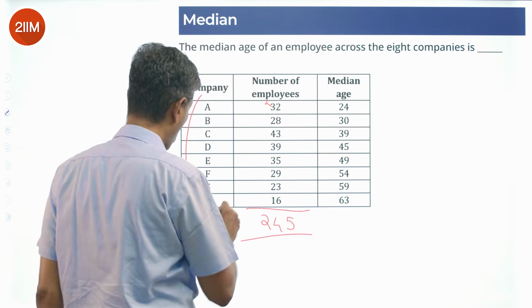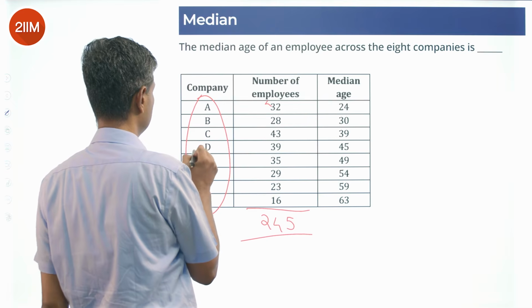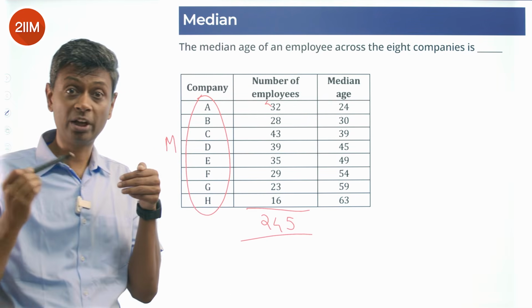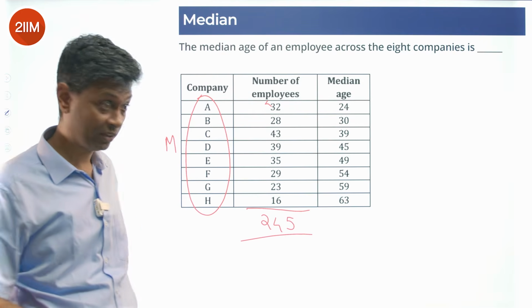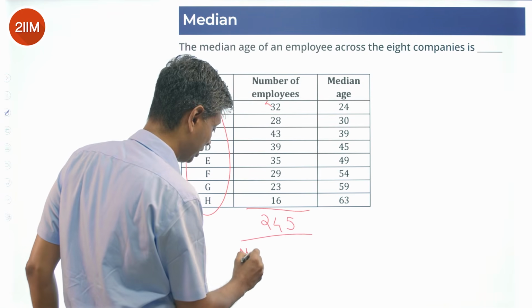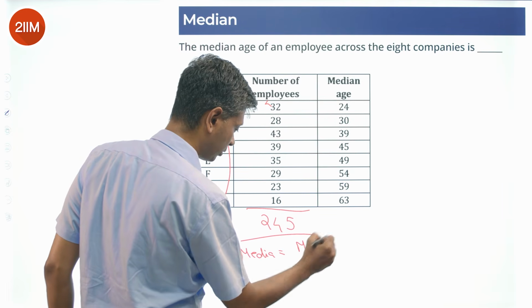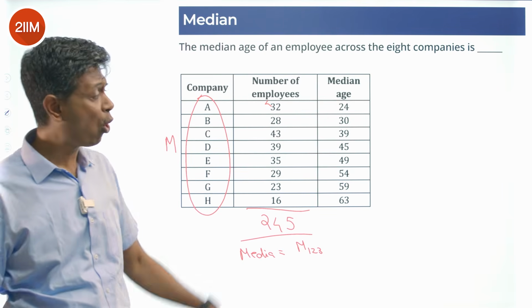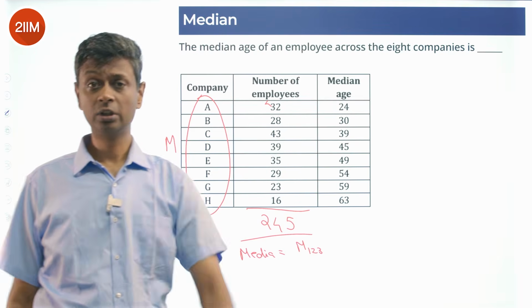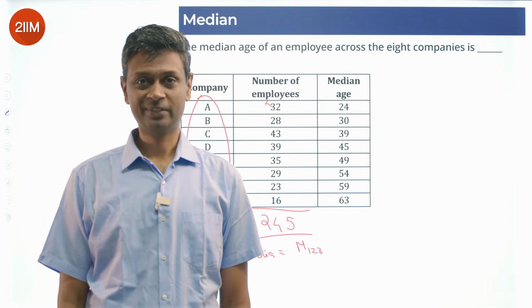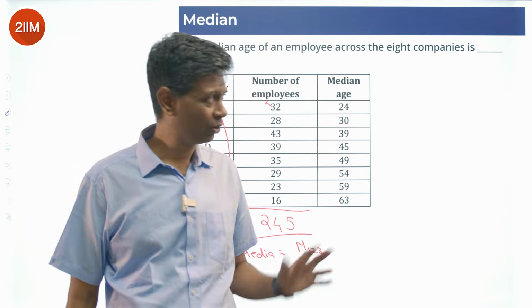So I call this whole thing as M and call the ages M1, M2, M3, M4 till M245. Then the median is M123. I arrange all of these in non-descending order, I cannot say ascending order strictly because it would be equal.